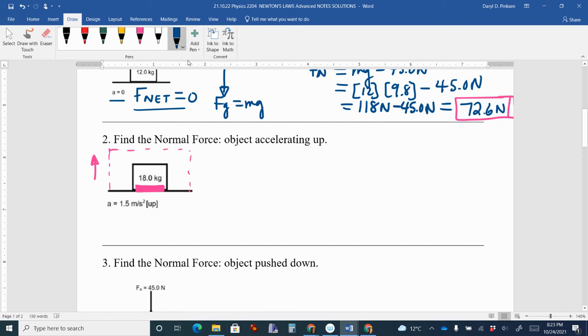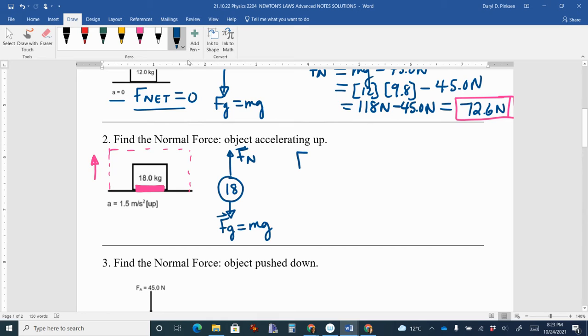Well, in this case, we again go to our free body diagram, circle, mass in the center. Acting upwards, there is only one force, the normal force. There's no external object here that's doing anything with this box. But because it's accelerating upwards, the normal force is going to be more than the weight.